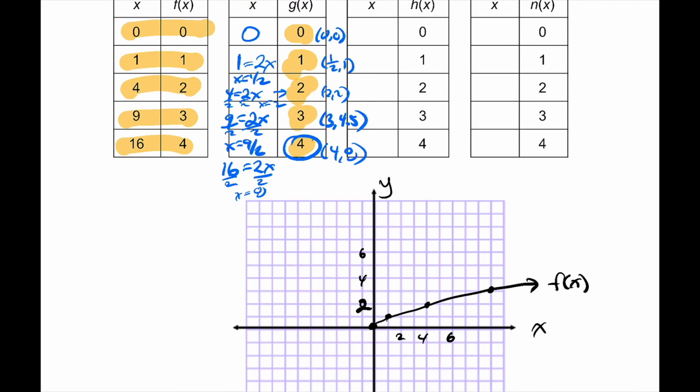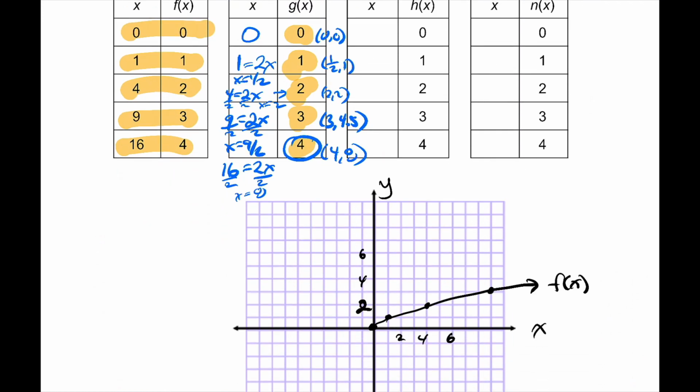So let's go off and graph this. This one's in blue. So we have (0, 0). Then we have (1/2, 1), which would be right there. Then (2, 2), right there.